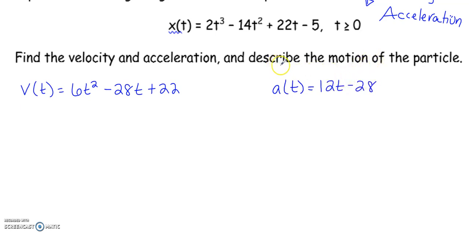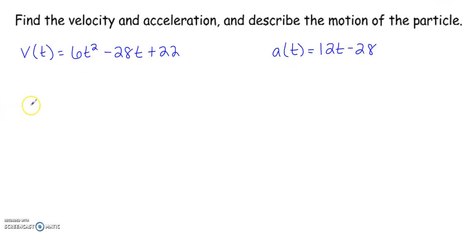Now we need to describe the motion of the particle. Velocity is going to help us determine if the particle is moving to the left or to the right. Just like we've done in the other examples, we're taking velocity and setting it equal to 0 and solving for t.